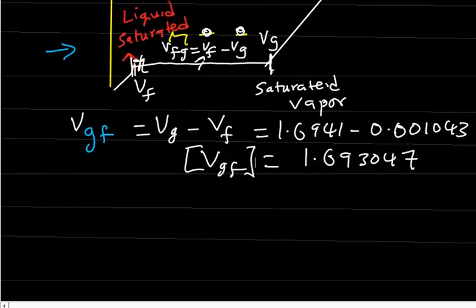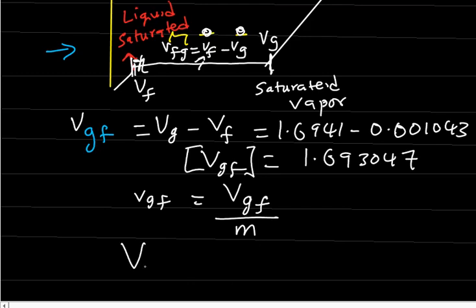Now for you to get the total volume, remember specific volume Vgf is equal to the total volume divided by mass.